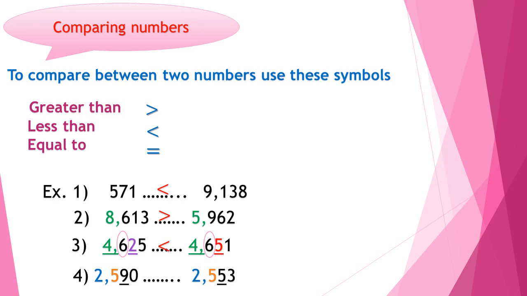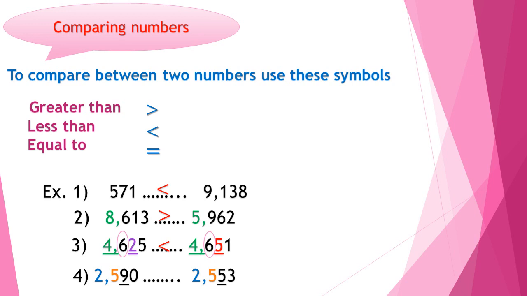Number 4, 2,590 and 2,553. We have 4 digits, also we have here 4 digits. Then look at the number in thousand. We have here 2, also we have here 2. The number in hundreds, we have 5, and here we have also 5.